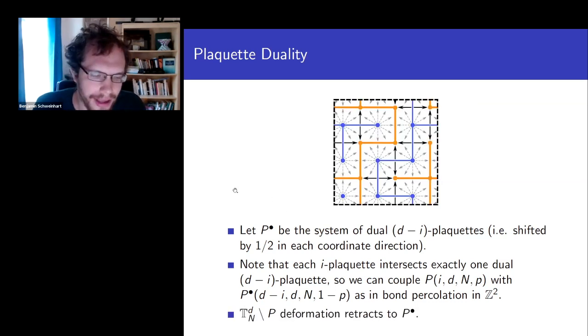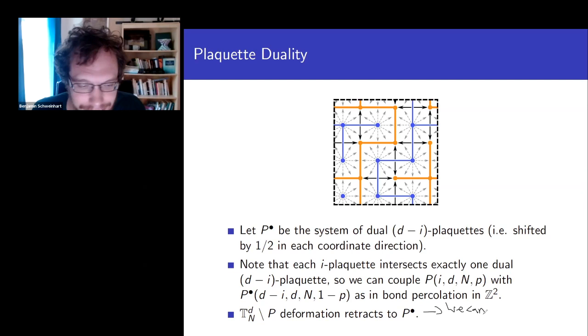And so it's not just of interest, we have a coupling. We can define a coupling, right? But this is a coupling where P and P bullet have a very nice geometric relationship to each other. And that geometric relationship is formalized in saying that if we take the complement of P in the torus, this deformation retracts to the dual system. This means that we can collapse the complement.